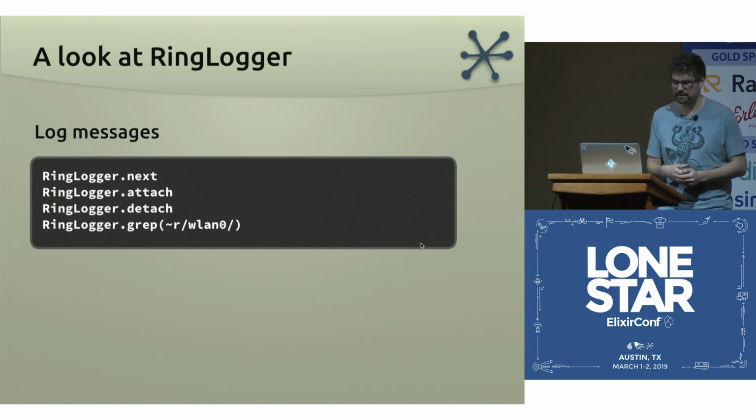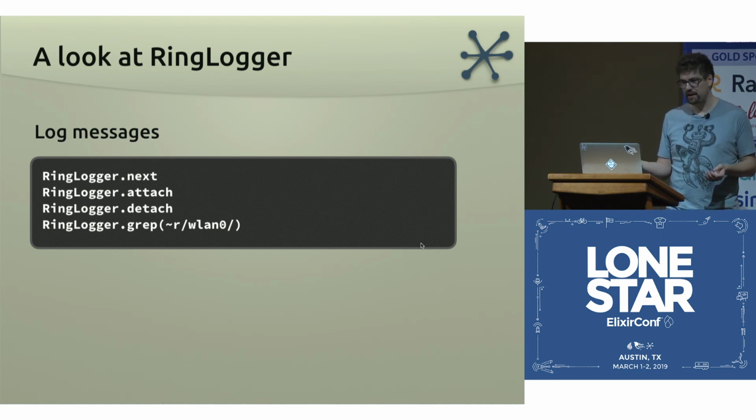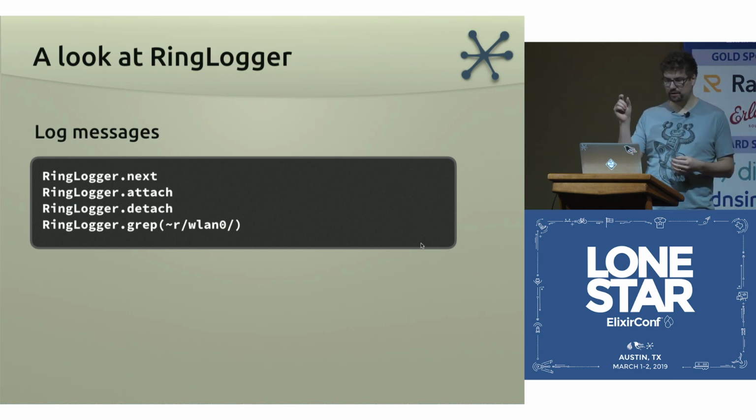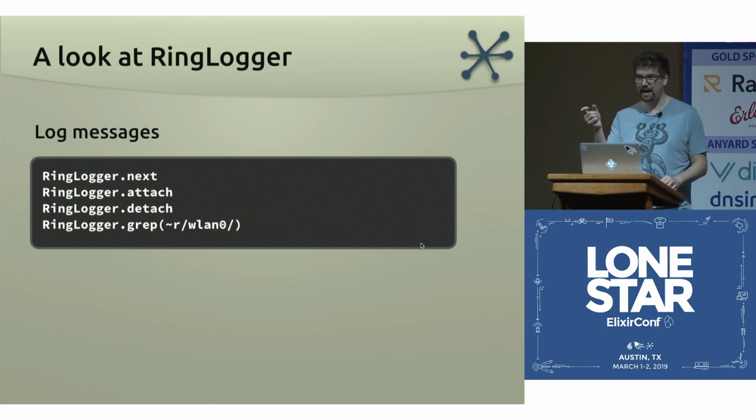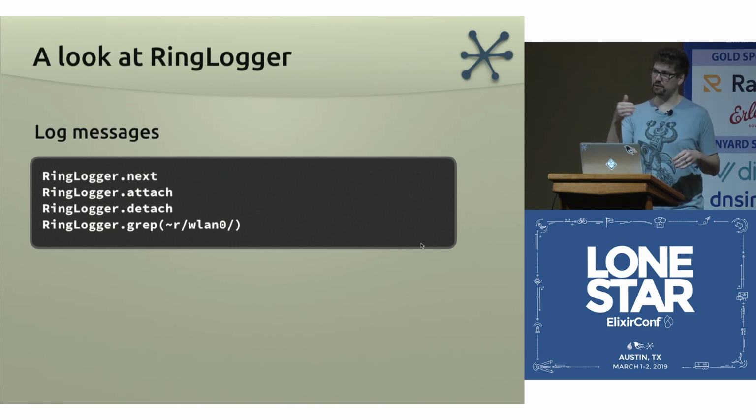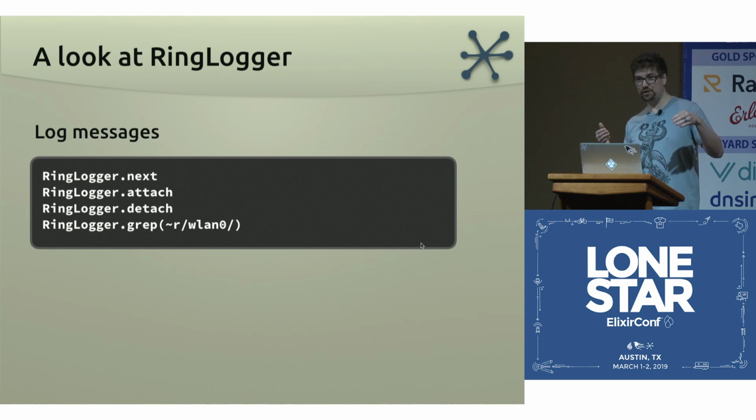RingLogger has a couple of features. One of the main features is that you can use attach and detach. That allows you to log in using a remote session. You can call attach, and it tells the RingLogger instance running on the target that you're attaching this process ID to it, and all log messages that come through will show up on your remote console. Then you can detach if you don't want that.